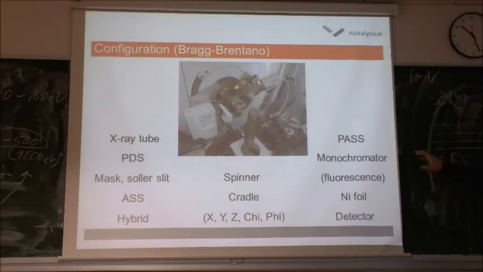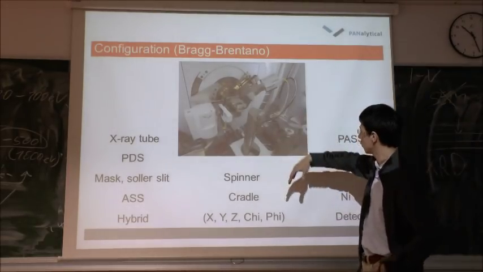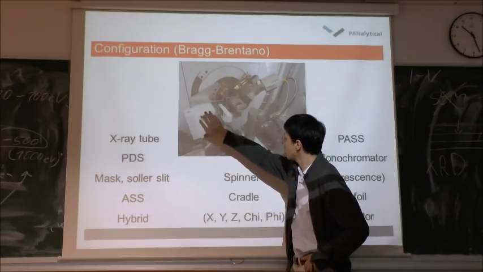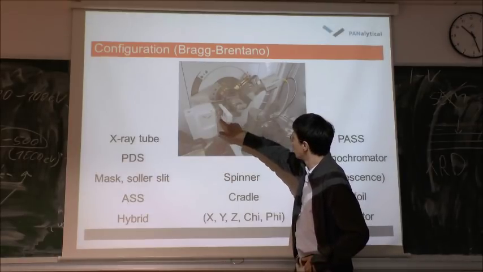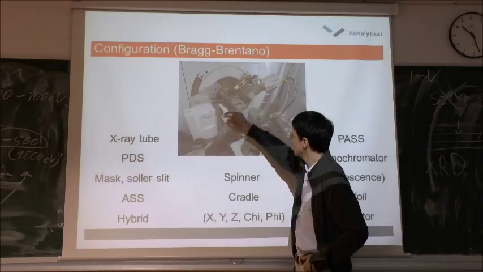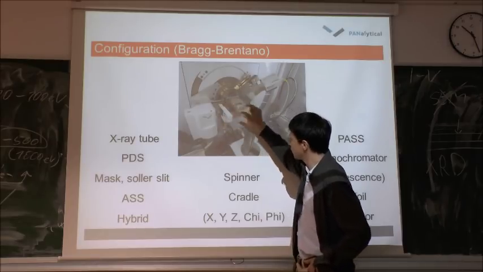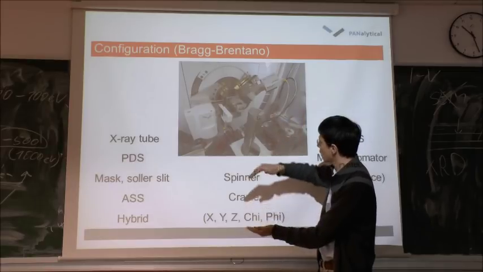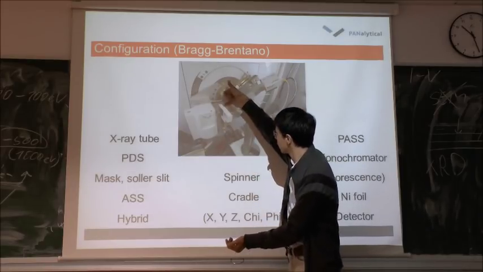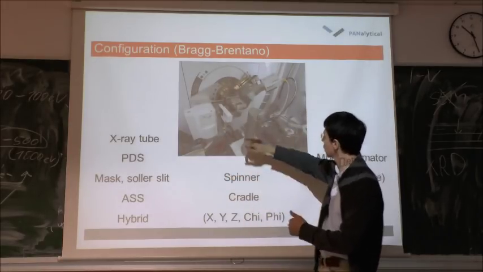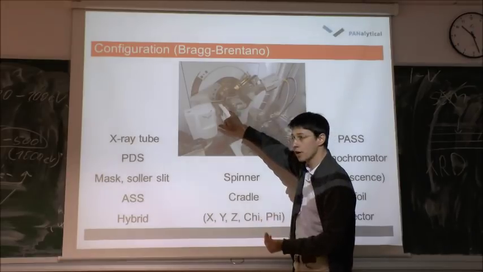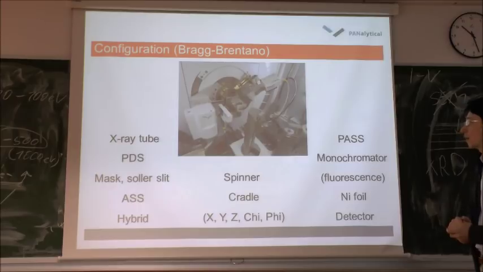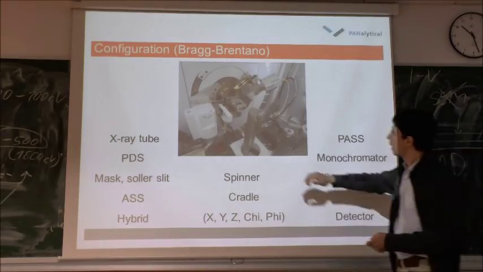Okay, so this is the configuration, the image of our device. Here is the X-ray source. Here we have the Soller slit, and this is a PDS. The PDS corrects the divergence in the vertical direction, and the Soller slit and mask on the other side in the horizontal direction. Then we have also an anti-scatter slit, which eliminates scattering effects from the air.